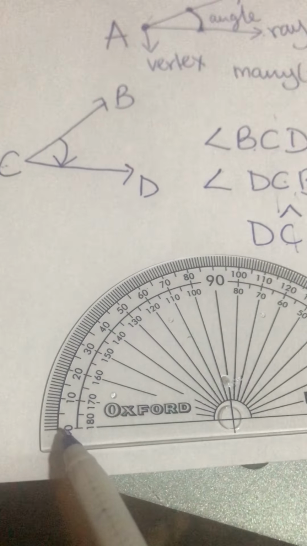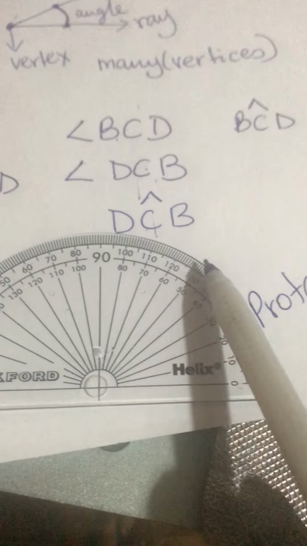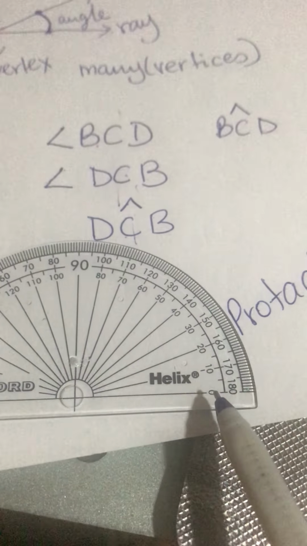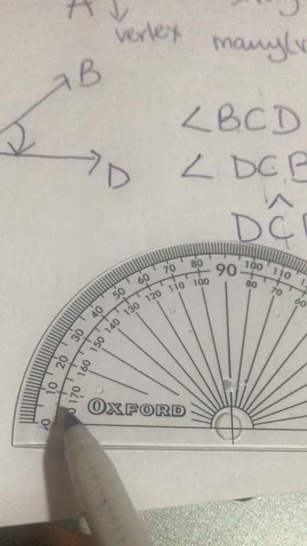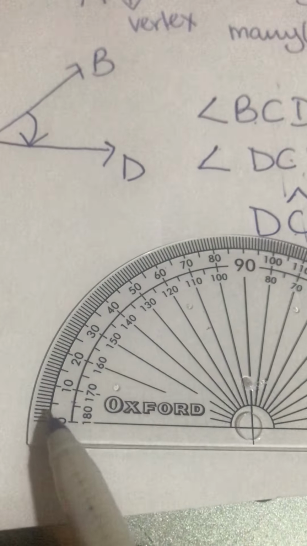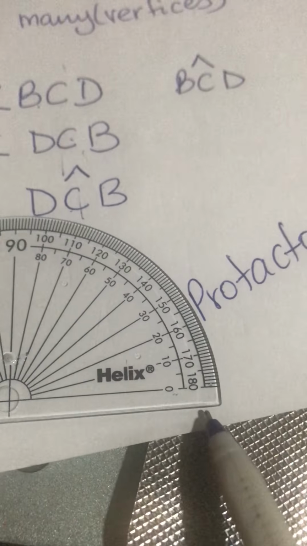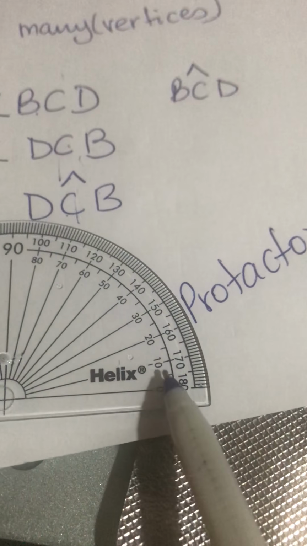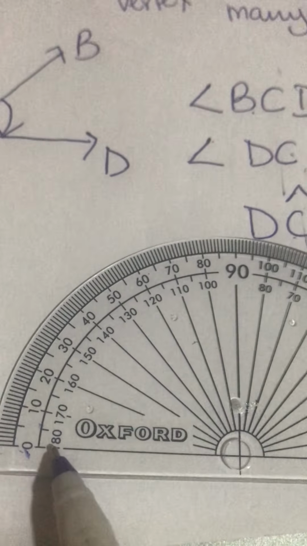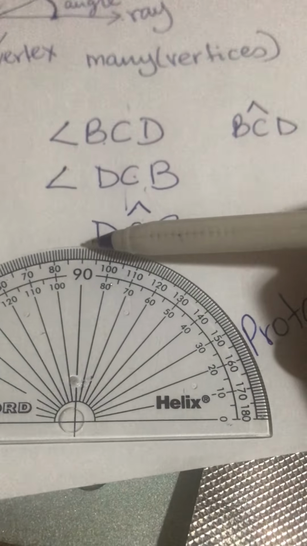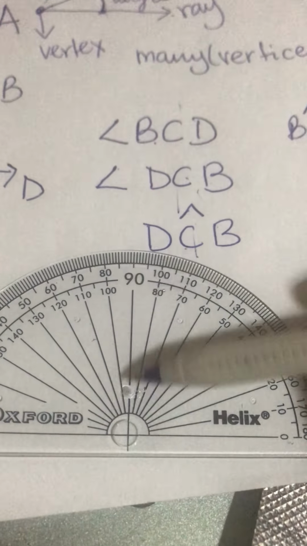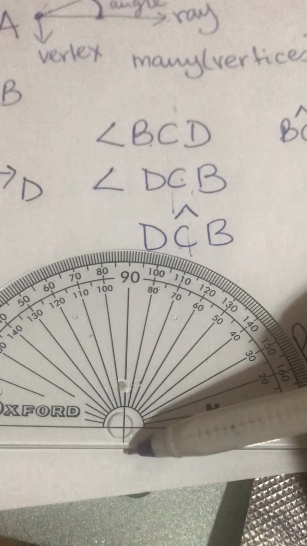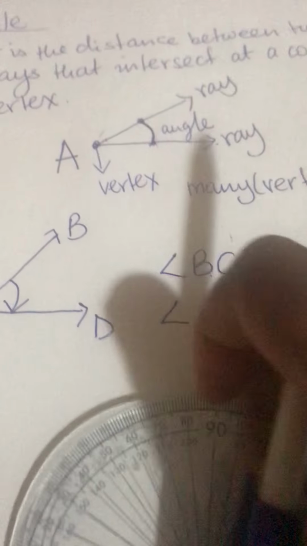If you start with this 0, you count the outside. If you start with this 0, you count the inside. In the middle of your protractor is 90 degrees. Okay? All right.